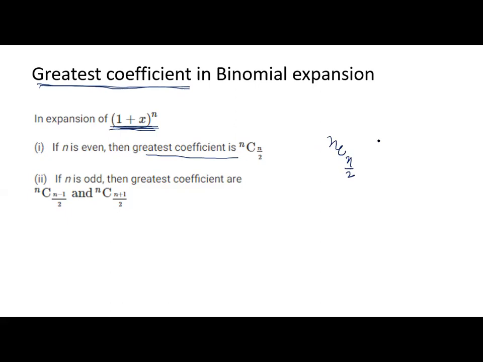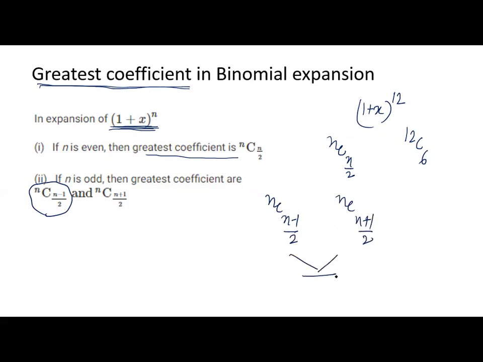For example, if it is 1 plus x to the power 12, then the greatest coefficient will be 12 combination 6. If n is odd, then the greatest coefficient is in two terms: one is n combination n minus 1 by 2, and another is n combination n plus 1 by 2. Both are equal, and both are the greatest coefficient.